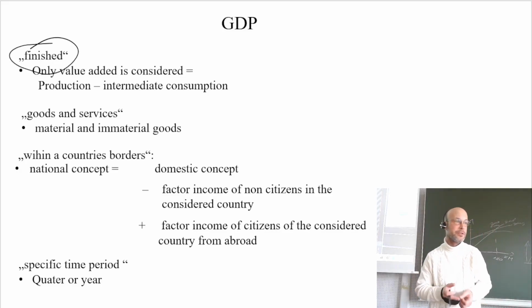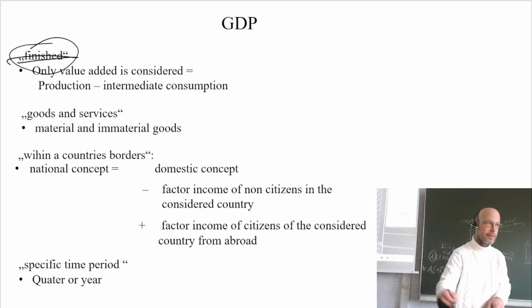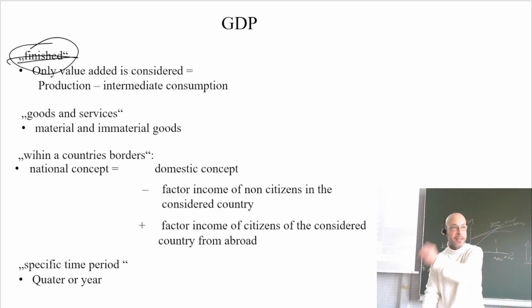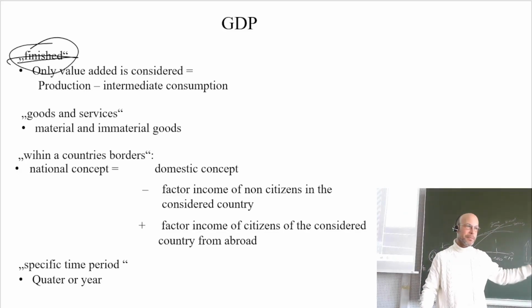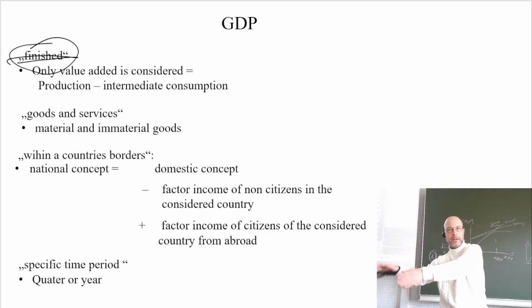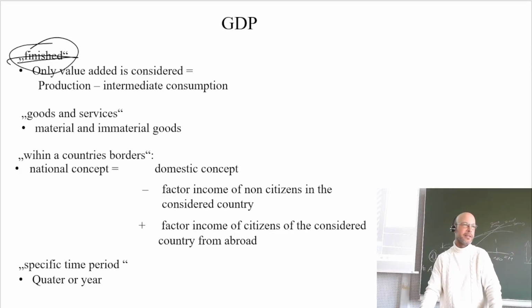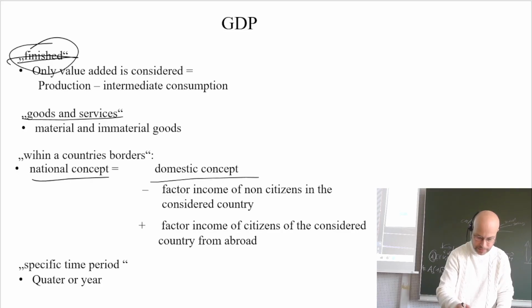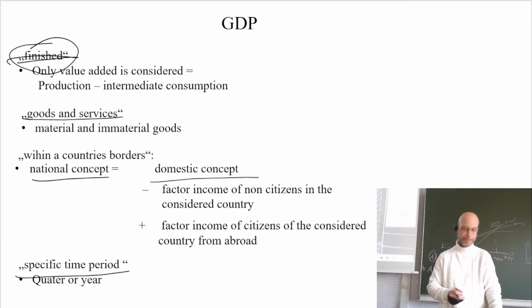If I pose such a question in an exam, quite often the students miss this point, and then you have all the double counts, because within a car you have, of course, many other products in front of the production line. But we calculate for gross domestic product in the end just the 40,000 euros for the new car. Okay, goods and services, national concept and domestic concept, and of course 1 year or 1 quarter.